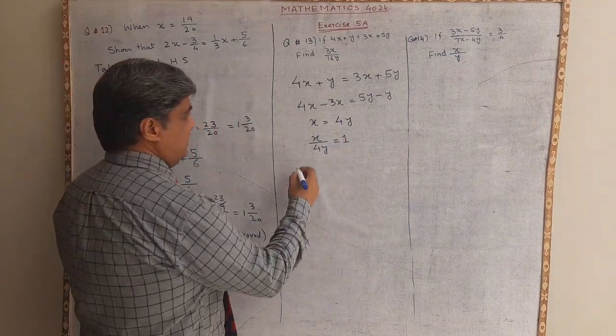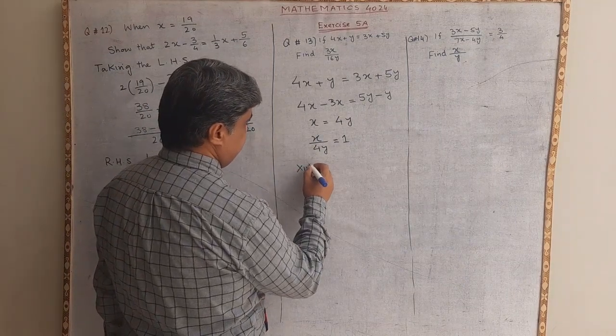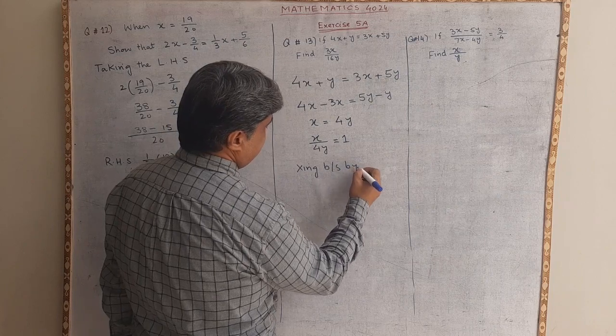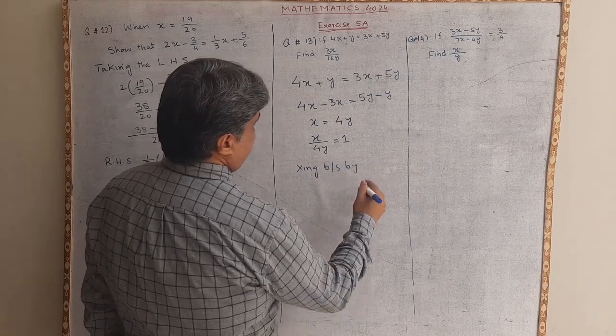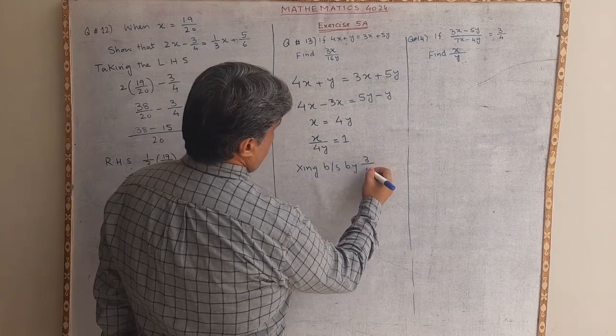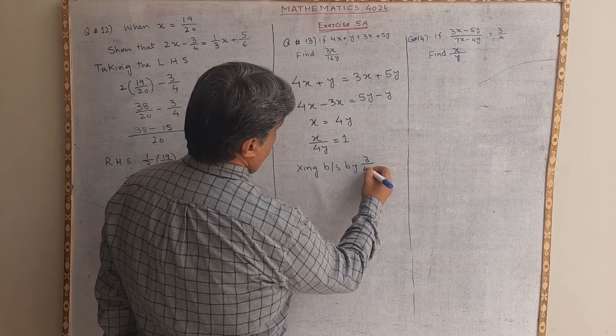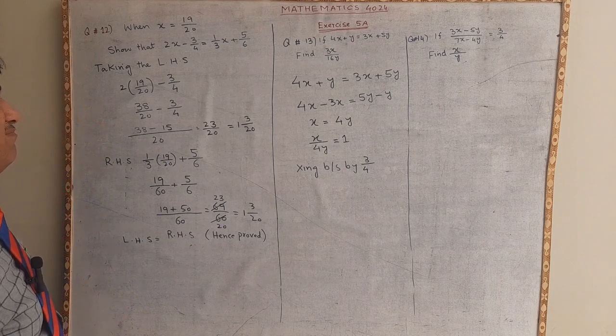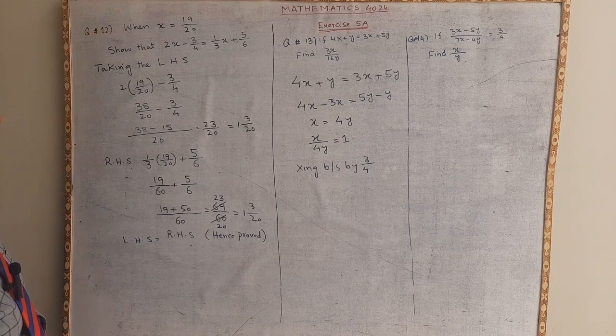Now multiplying both sides by 3 into 4 on both the sides.